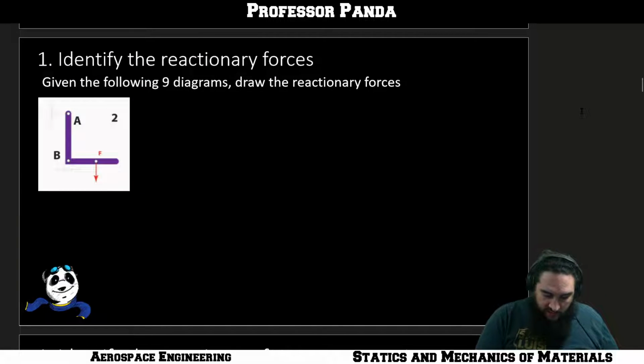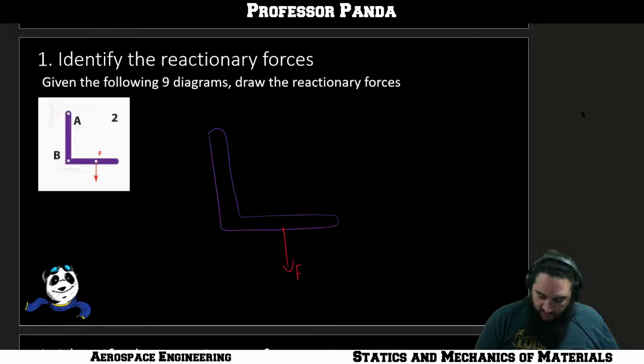Same song and dance. We have a different shape here though. Our representative body, our externally applied load. At B, we have a pin, so we're going to go ahead and go BY and BX.